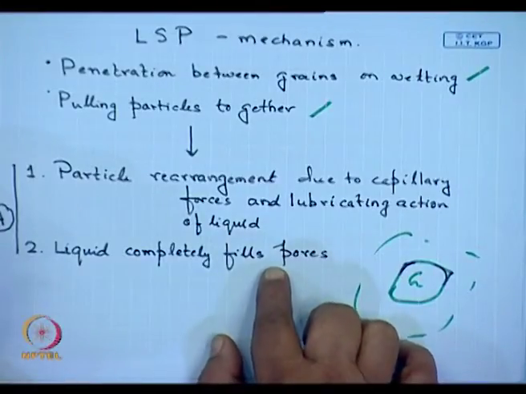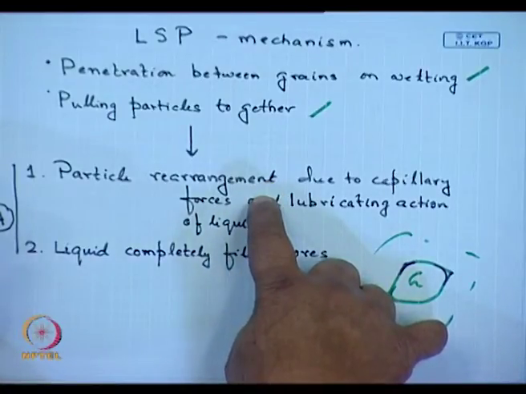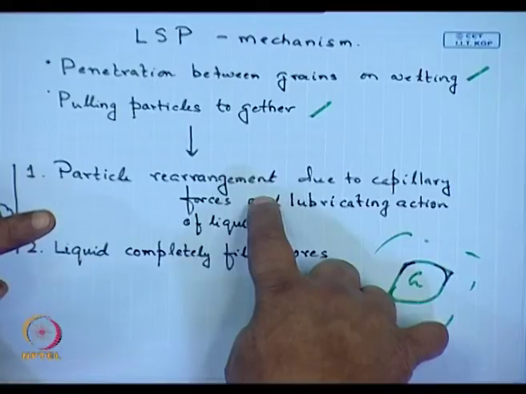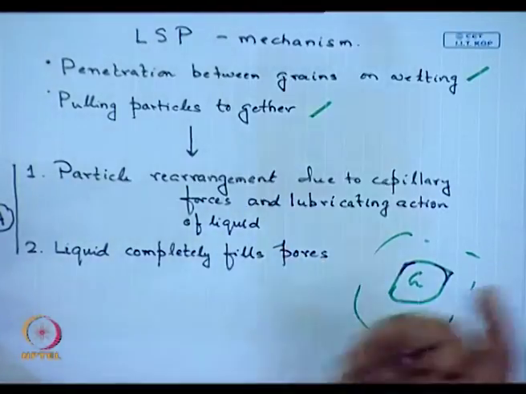So here the liquid forces a rearrangement due to capillary action, and also particle rearrangement as the rough surfaces of the grains get rounded off and the liquid itself acts as a lubricating agent.